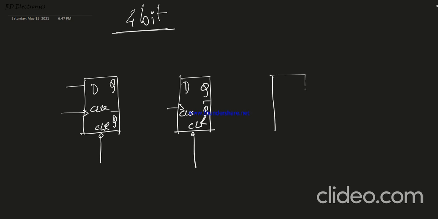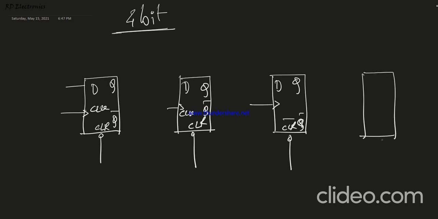The third bit also has Q, Q bar, D, clock, and clear bar. The fourth bit likewise has clear bar, Q, Q bar, D, and clock.